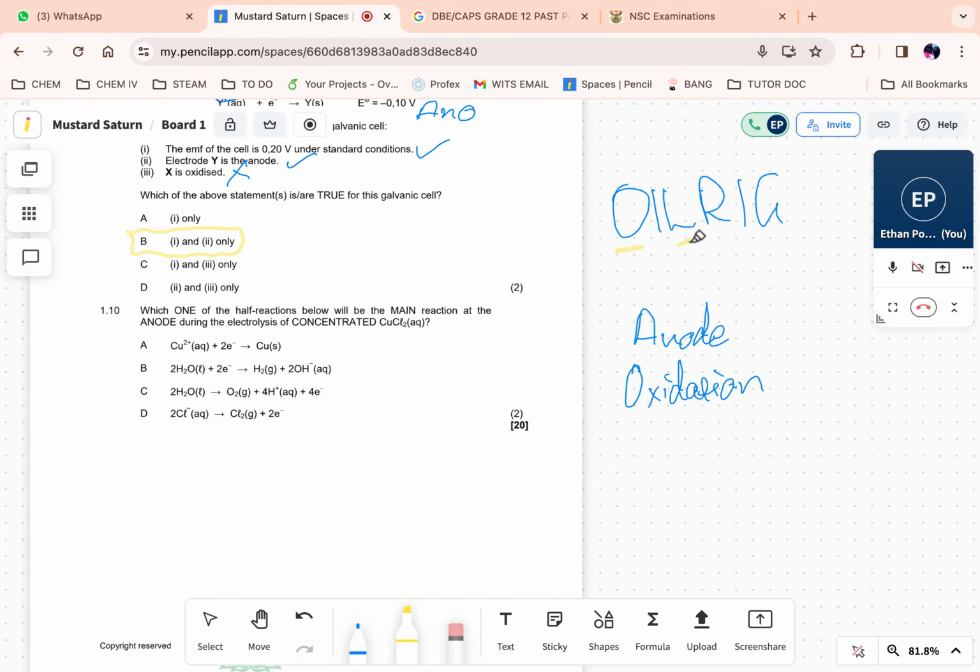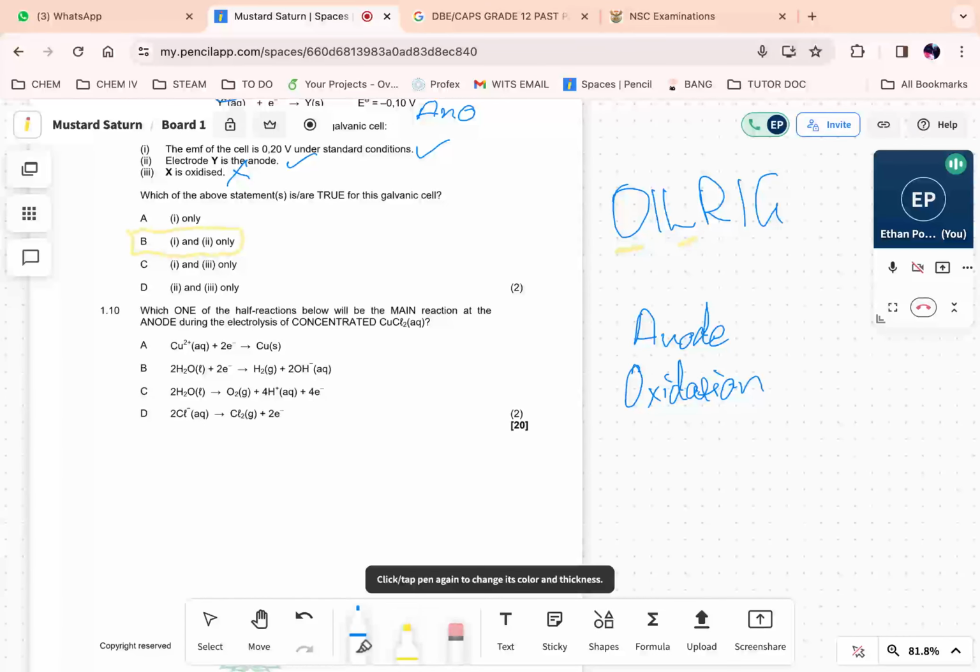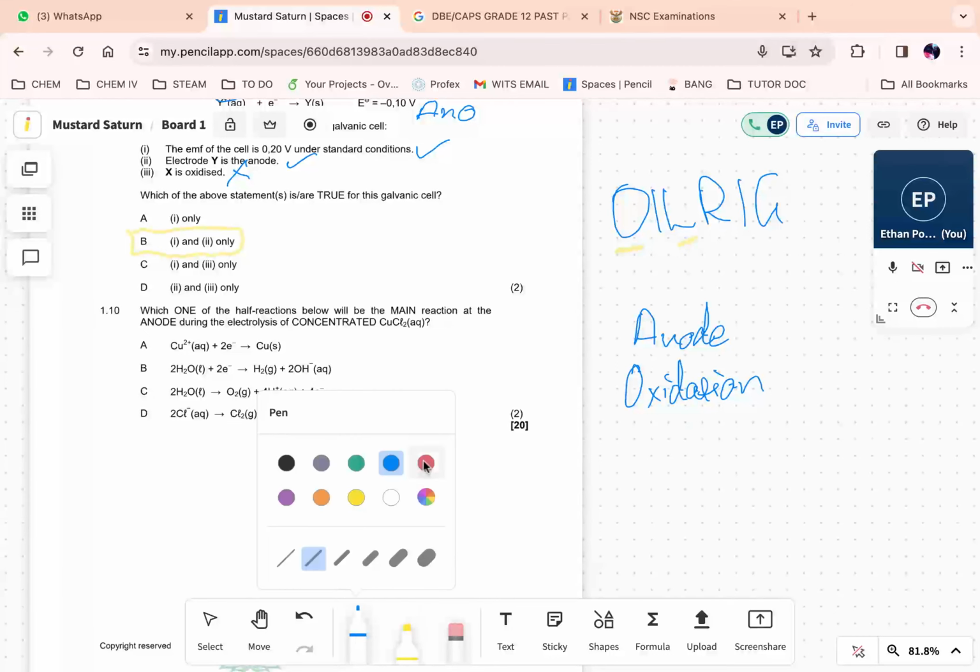Oxidation is loss of electrons and reduction is gain of electrons. So we know we're losing electrons at the anode. It's an oxidation reaction. So what does that look like?